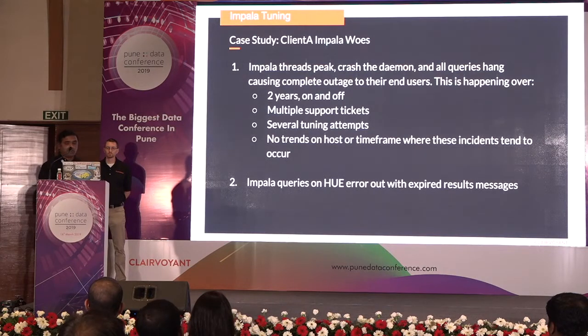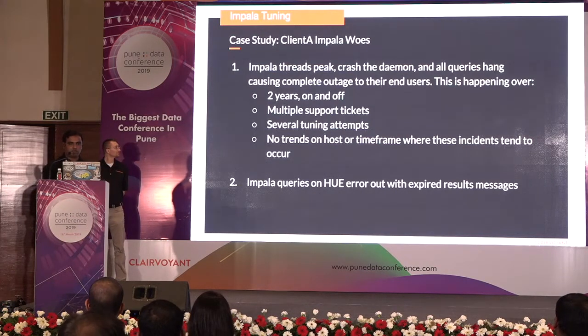So as I said, they had issues for a long time, and they did not have any trends that would mark that this is a consistent issue. It was coming once and it was coming again.